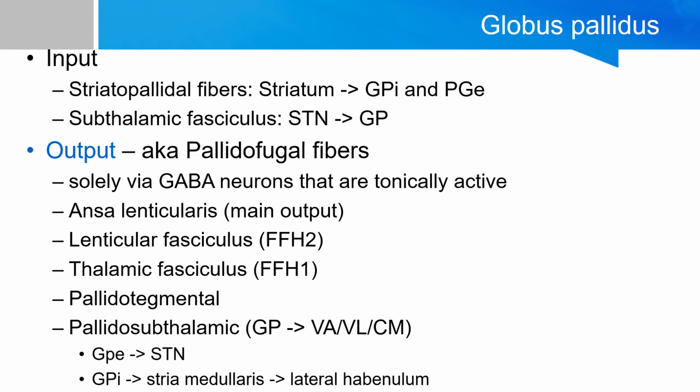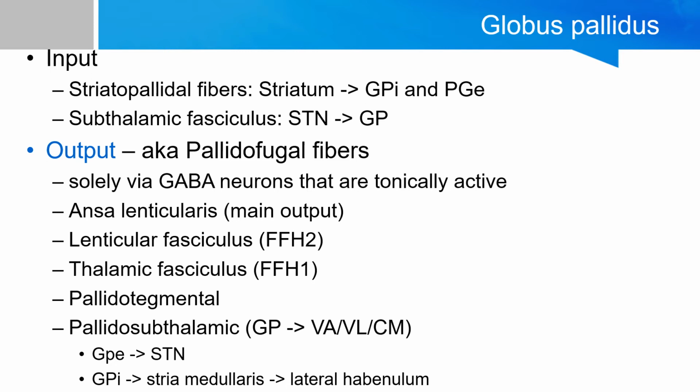So now we can go back to the output systems of the globus pallidus. The output fibers of the globus pallidus are called pallidofugal fibers. Fugal meaning away, centrifugal, right? And these fibers are solely GABAergic neurons that are tonically active.